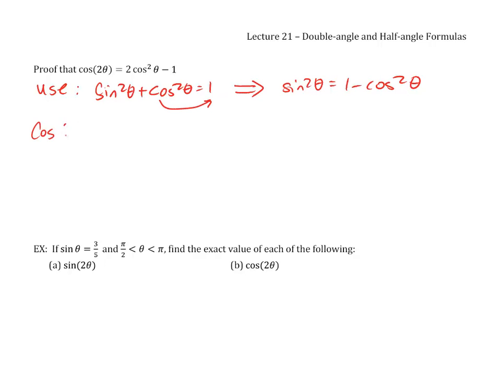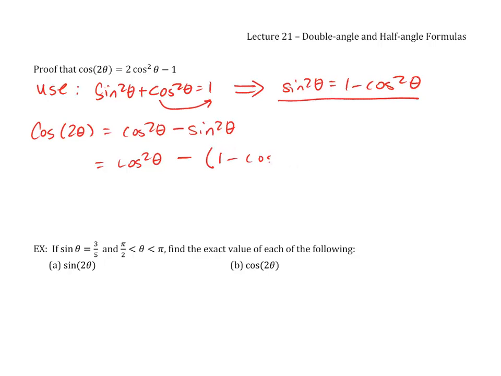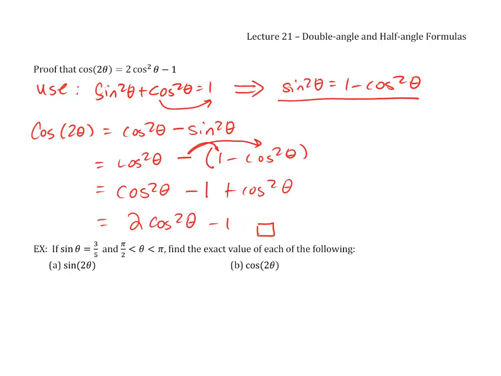Then this earlier identity, cosine of 2 theta equals cosine squared of theta minus sine squared of theta, becomes, and again all we're doing is substituting, cosine squared of theta minus, and all of sine squared theta is now 1 minus cosine squared of theta. I put the parentheses there to emphasize that I'm subtracting all of it, which means I have to remember to distribute my negative. So this becomes cosine squared of theta minus 1 plus cosine squared of theta, which is 2 cosine squared of theta minus 1. Proved.